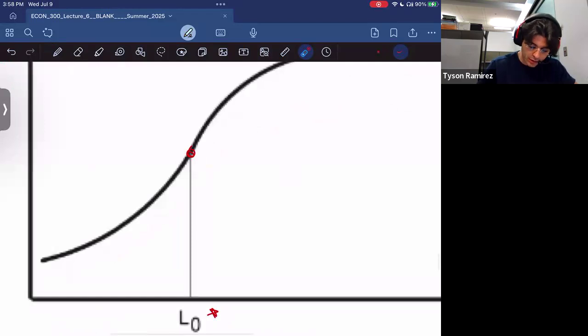But we see that at the inflection point, we see that our rate of change of the rate of change, remember, our derivative is increasing. If we had a constant derivative, then we'd get a straight line. But since the derivative is increasing, we get this convex behavior. And so we see that the derivative itself is increasing.